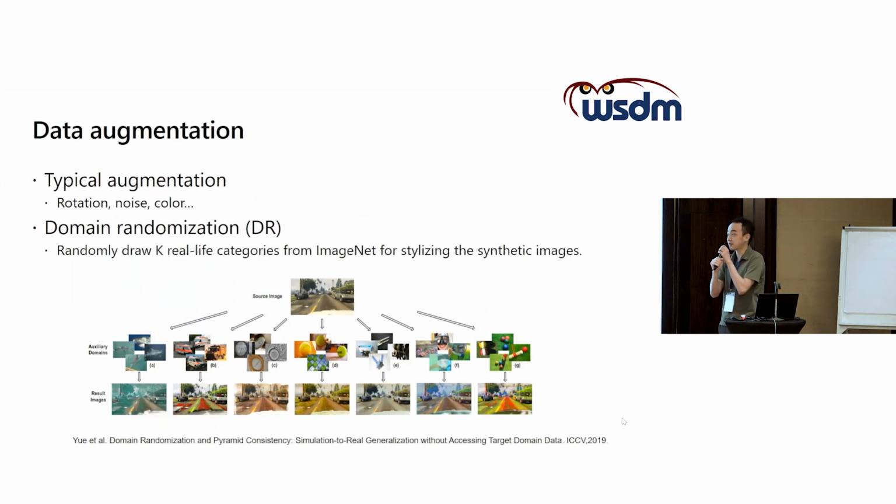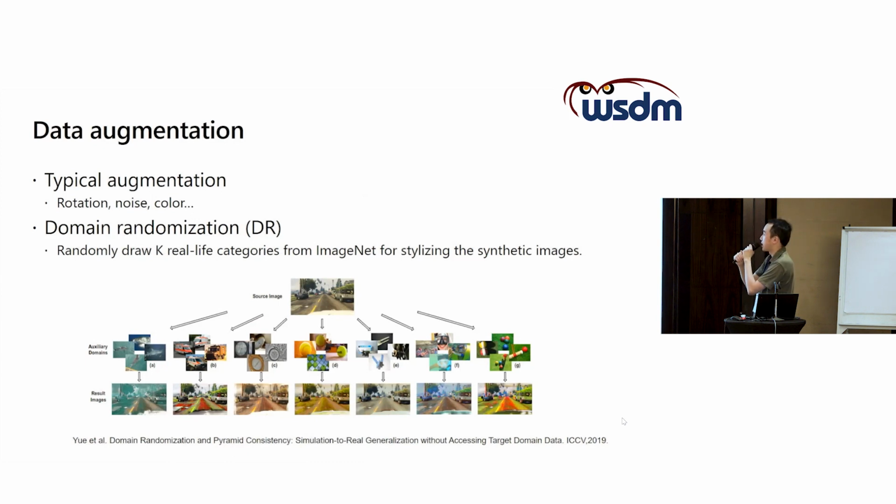So one intuitive idea is, since we cannot have sufficient data, why don't we do data augmentation? For example, in the image domain, we can manually rotate the image, inject noise, or apply color manipulation to the image. We call this kind of method domain randomization, and it can be applied here.